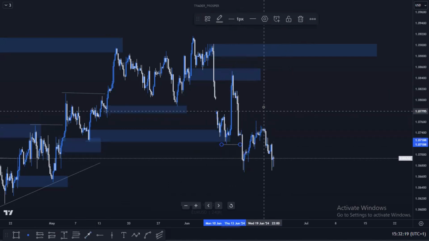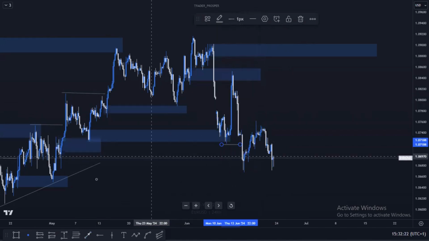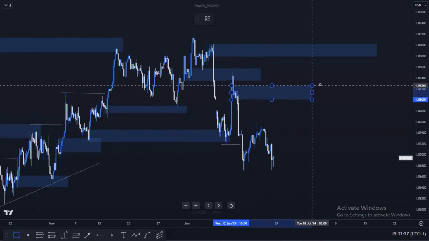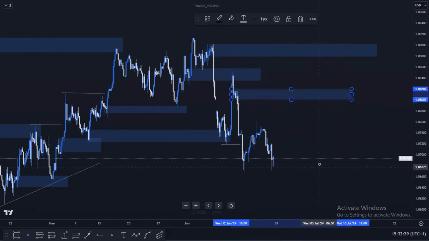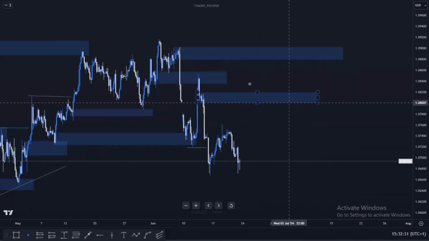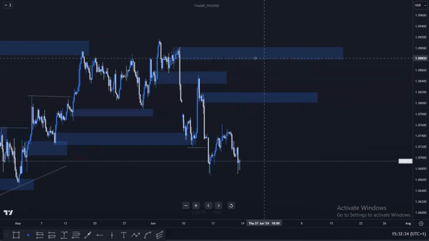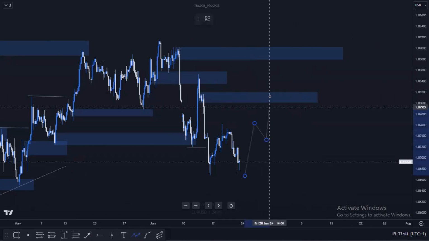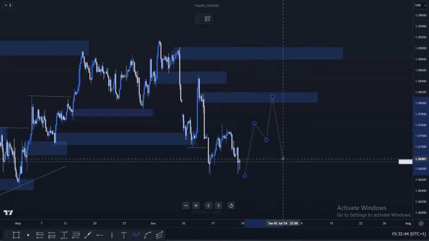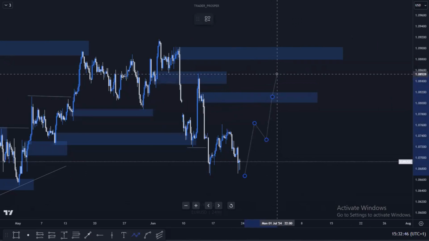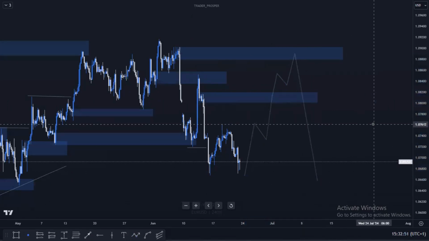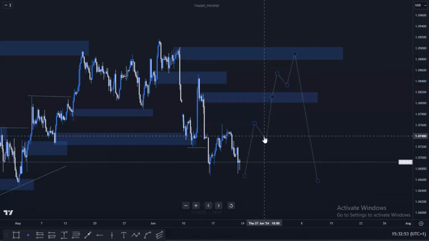We want to be marking out these points in the market. Price is definitely going to come back here maybe in the future. We might expect it to come back down, or it might just break above it and continue the sell trend.